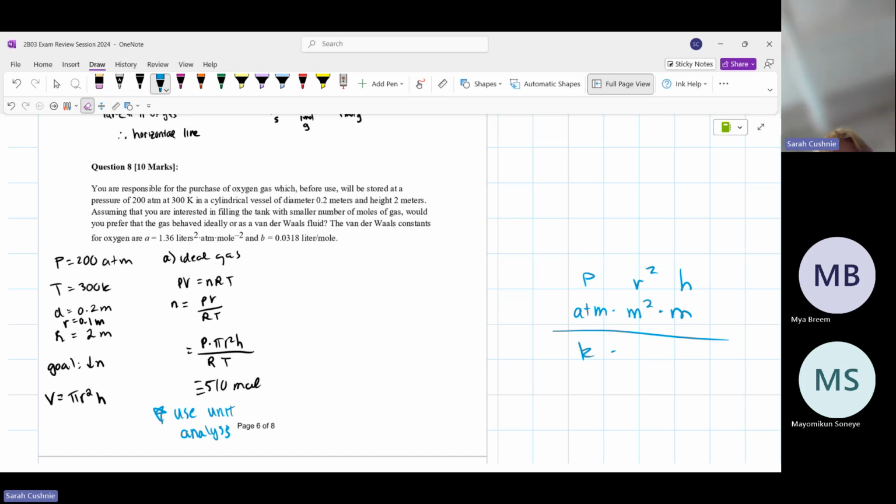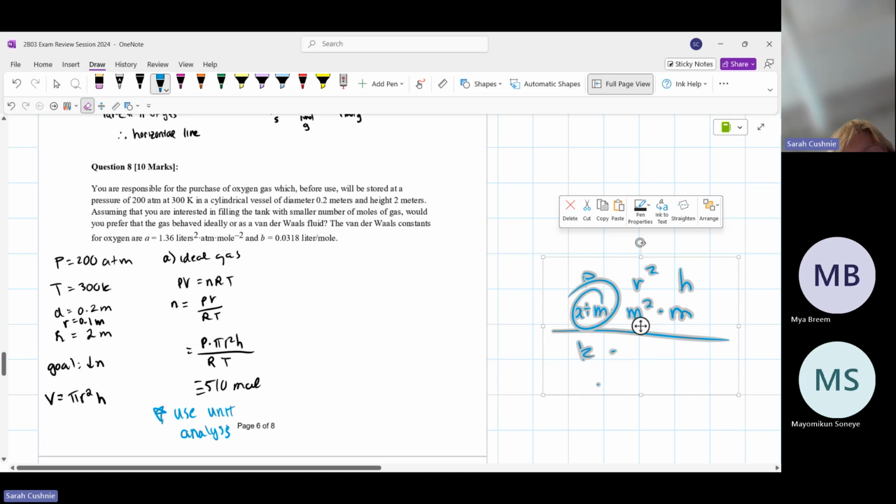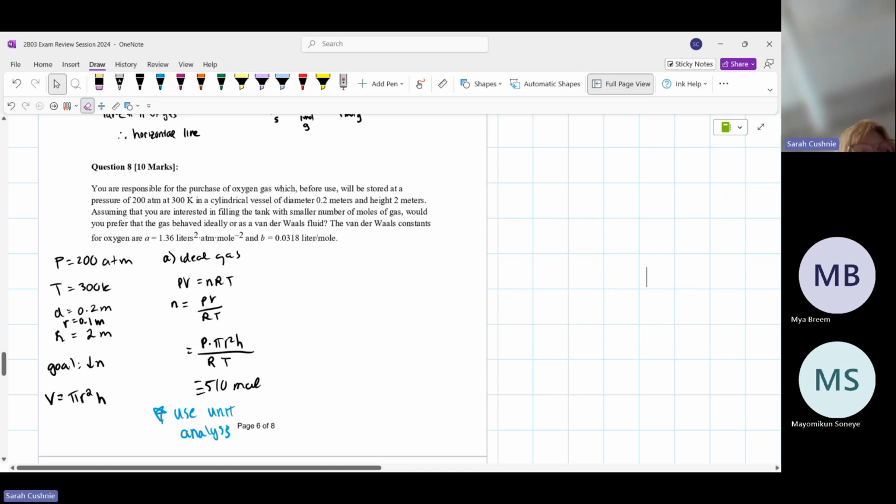So if you use 8.314, the units for that are joules per mole K, and that's not going to cancel out your units. So you have to make sure that you use the right unit conversions so that you cancel it with the atmospheres, because otherwise you'll end up with not a great answer. The other option is to convert atmospheres into SI units, so convert it into pascals, and then that'll cancel it with joules, but that seems a bit more complicated, because I think you should be given a formula sheet with the different gas constants.